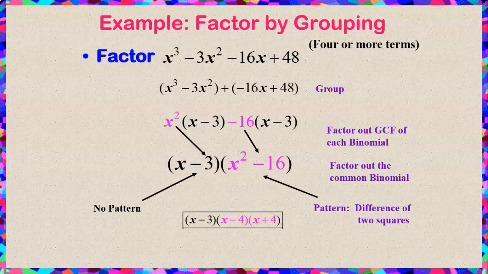Remember, any factor you have has to make it all the way down to the final answer, even if it happened at the beginning of the factoring process. So we have no patterns left, so we have nothing left to factor. And you can see now all 3 of those factors are linear, which is a pretty good indicator that it's not going to break down any further. And so we know we're finished.